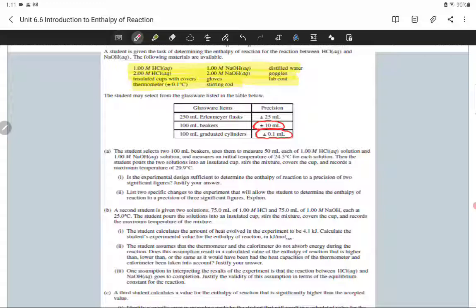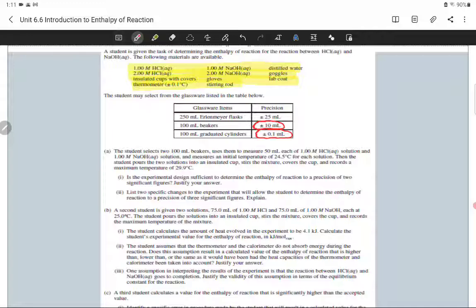The question A1, is the experimental design sufficient to determine the enthalpy of reaction to a precision of two significant figures? Well, I think I've pointed that out, that using beakers to measure liquids is not going to have sufficient precision.